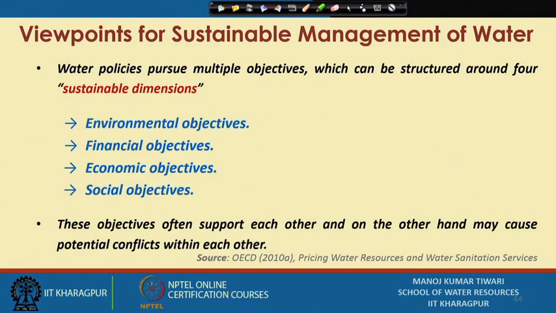Now these objectives may at times support each other, but at times actually they may cause potential conflicts with each other. Okay. So we will talk about the conflicts, and how they can support each other. We are just talking about, let us say you are allocating water to industry, so that is giving your industrial growth, which could be one of the social objectives.